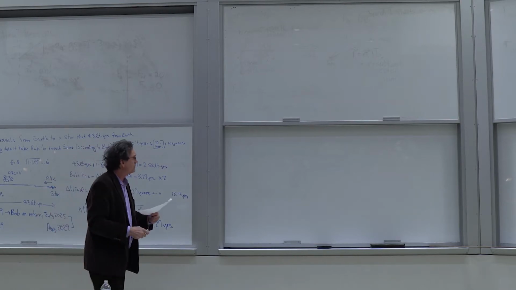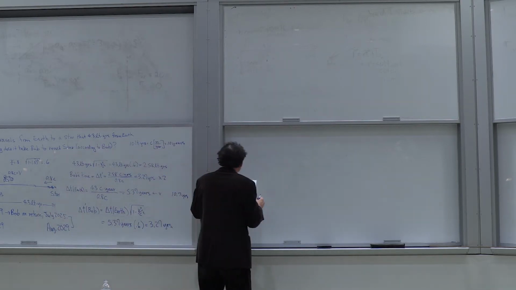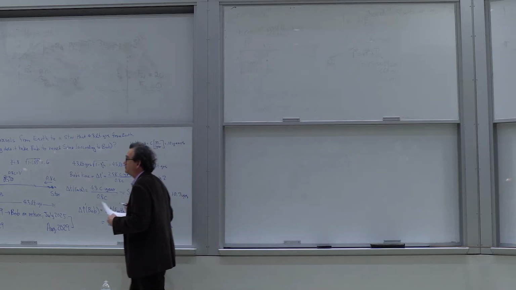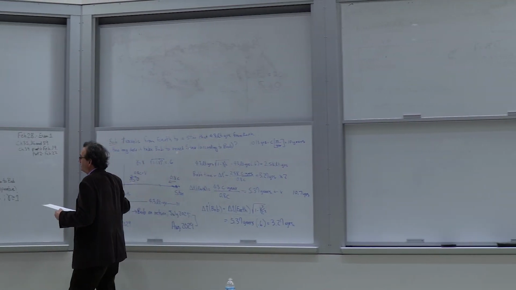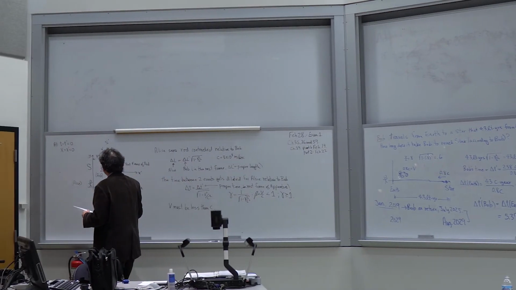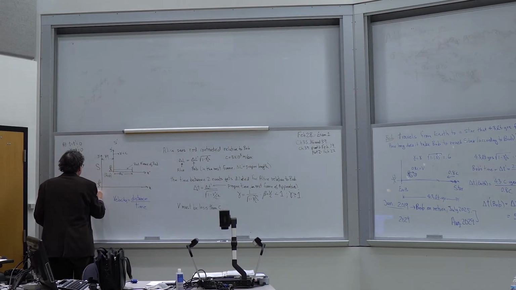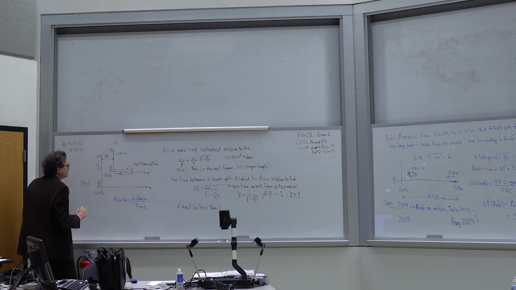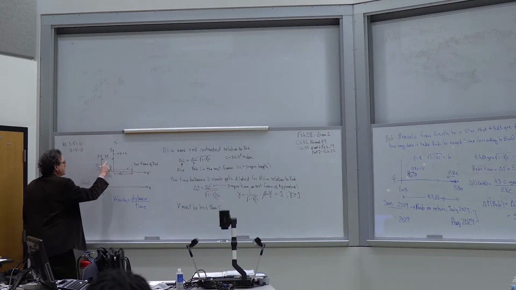Okay, so now we've got another one. Let's say that Bob is also in the moving frame. So Bob is still the mover, the one moving with respect to the ground. Alice, we said, is in the earth frame. So Alice is back here. By the way, we call these frames S and S prime.